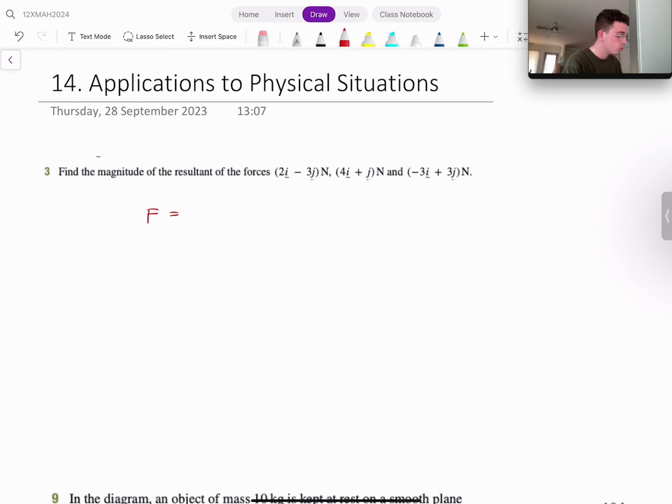So 2 plus 4 plus minus 3, we get 3i. And then minus 3 plus 1 plus 3 is plus 1j. Now the magnitude of that force is going to be the square root of 3 squared plus 1, which is root 10. So the answer is the square root of 10 newtons.